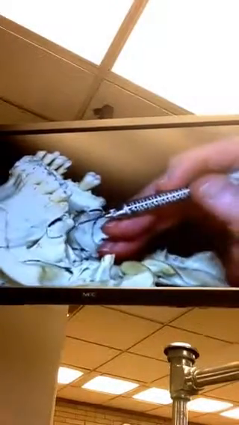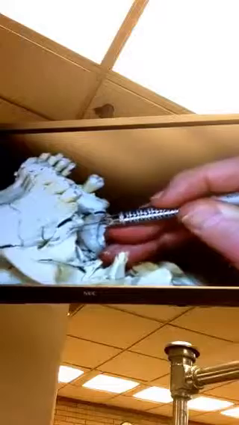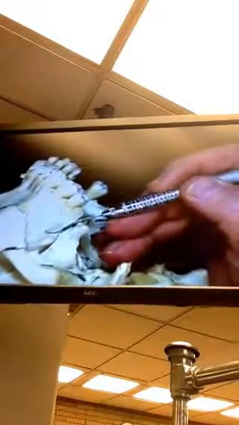On the tuberosity aspect of the maxilla, let's see it here because the teeth are still present. You can see a groove here going into a foramen and another opening here going into a foramen a little bit larger.